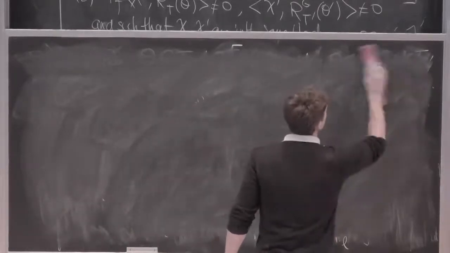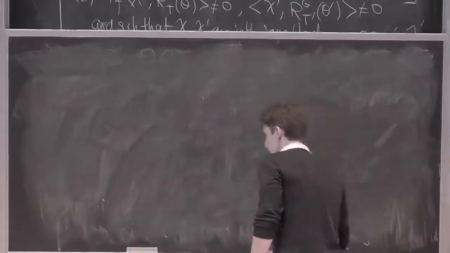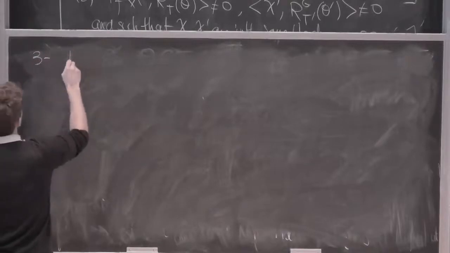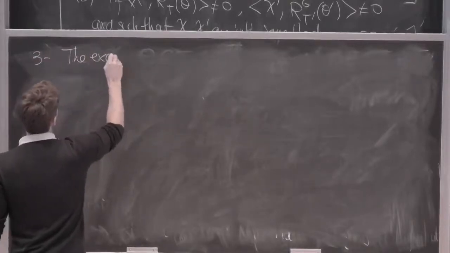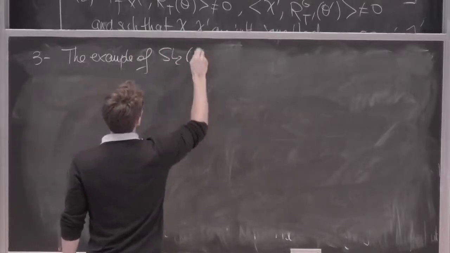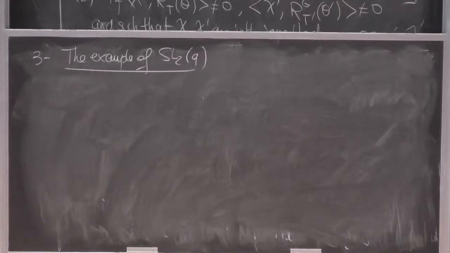So the next non-trivial example is SL2. That will also be a way to explain in that case how this theory of Deligne-Lusztig works. You'll see.